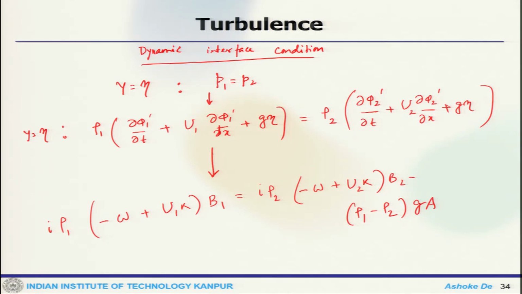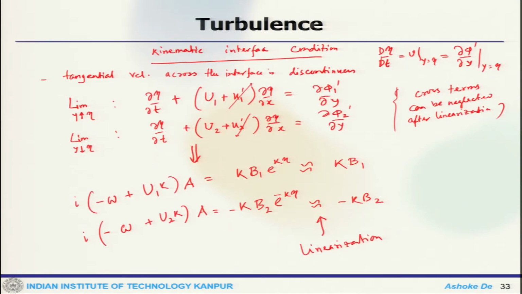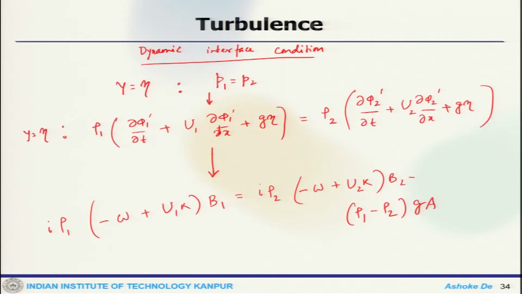So, once we apply all these three boundary conditions, that means first the boundary condition at infinity where y tends to plus minus infinity, you get these two solutions. Then we put the kinematic interface condition, so that after linearization we get this, and then finally we get the dynamic interface condition, which after application gets me this.